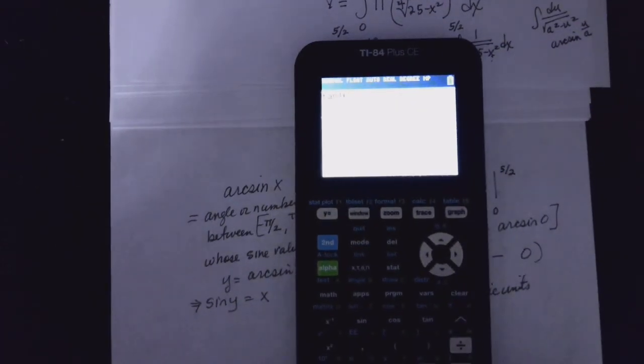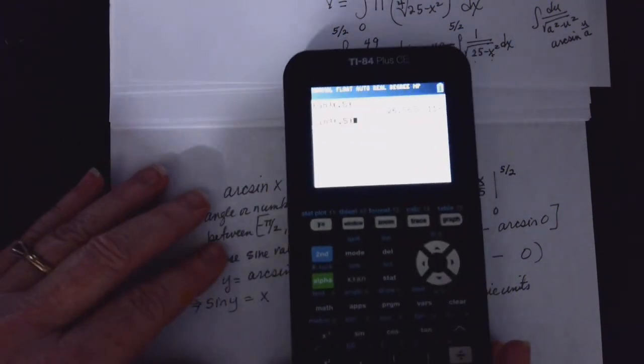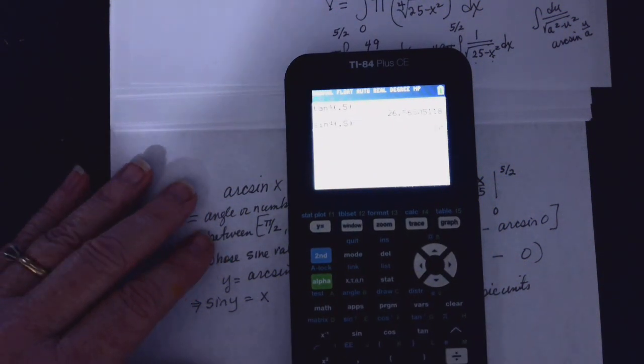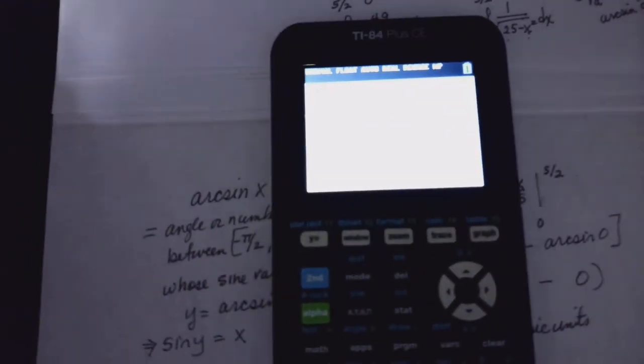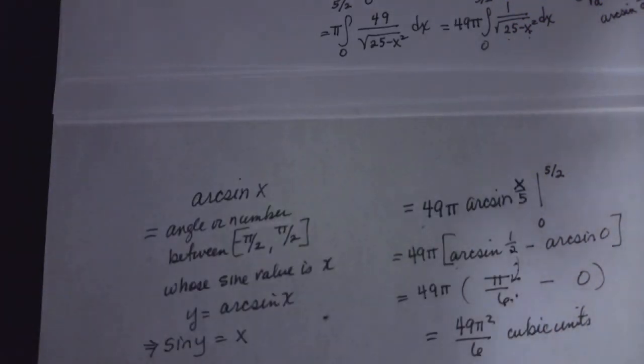I'm going to take the inverse sine of 1/2 or 0.5. It's going to tell me the answer is 30 degrees. Once you get that it's 30 degrees, switch that to radians, and that's where you can get pi over 6.